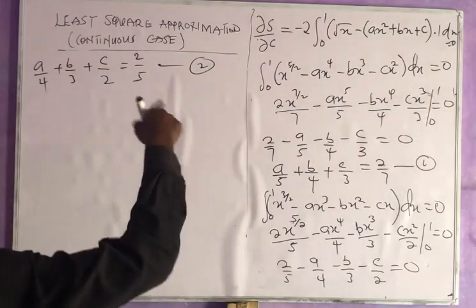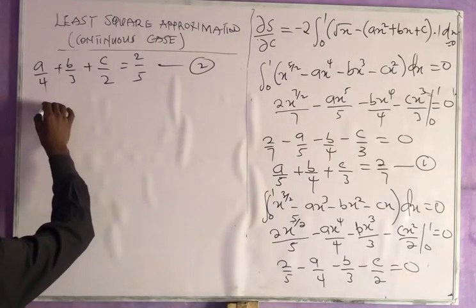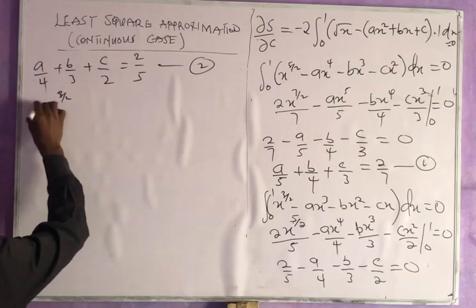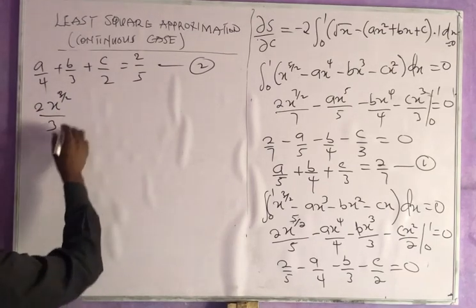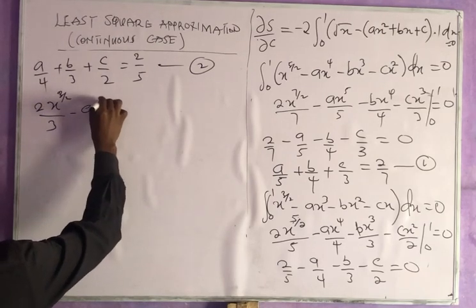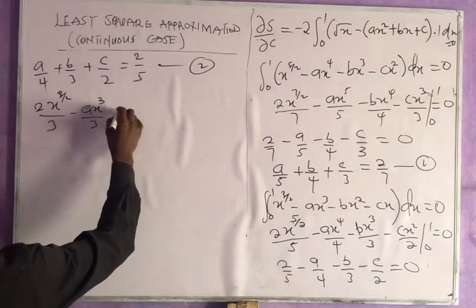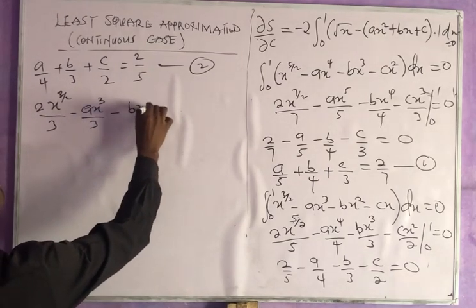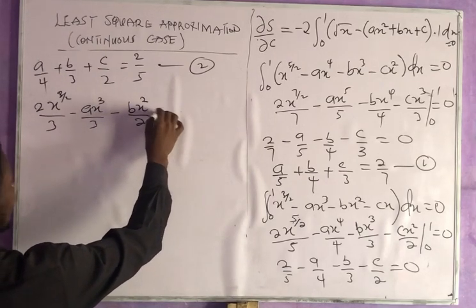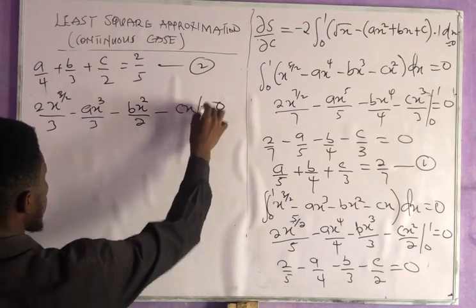Remember, it's x to the power half. So if I integrate x to the power half, it's going to give me x to the power 3 over 2 over 3, minus ax cubed over 3, minus bx squared over 2, minus cx is equal to 0, starting from 0 to 1.